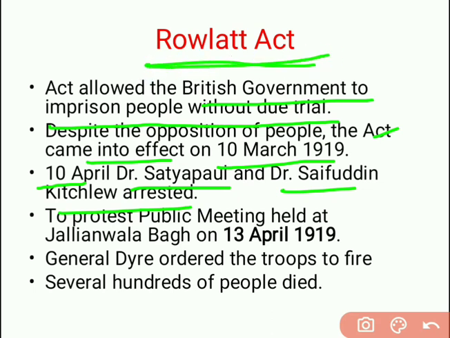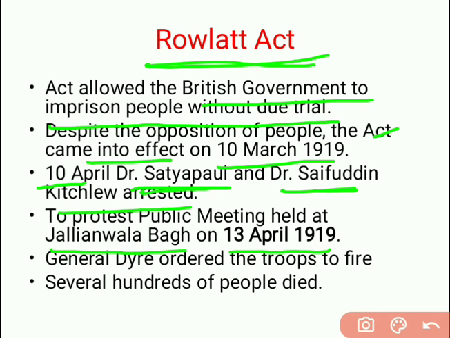To oppose the arrest of Satyapal and Saifuddin, a public meeting was held at Jallianwala Bagh on 13 April 1919 at Amritsar. On this day, a curfew was imposed by the British government, and gatherings were prohibited by law.